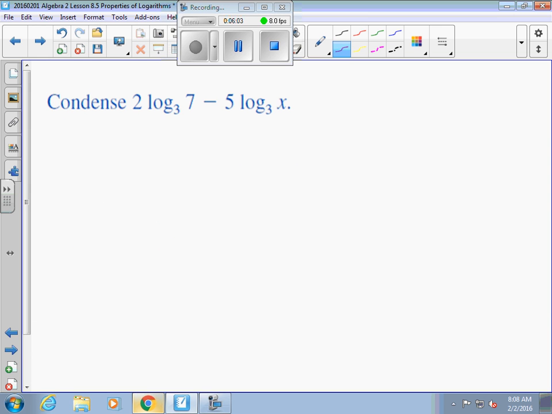Let's see if we can do the same thing on the back. Condense this one: 2 times log base 3 of 7 minus 5 times log base 3 of x. About 30 seconds on that one.